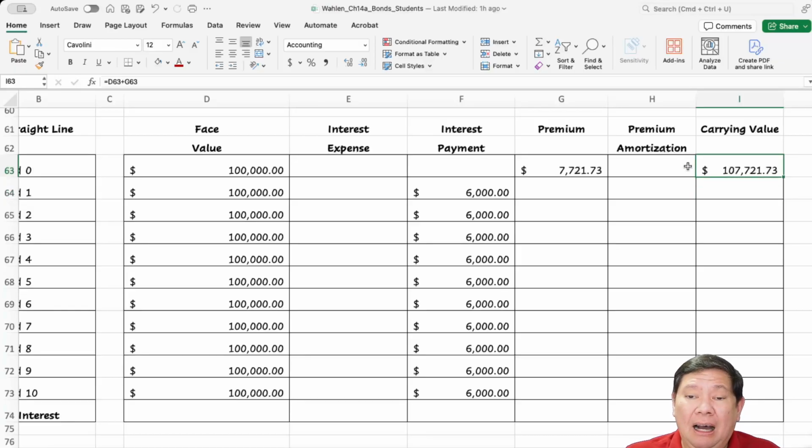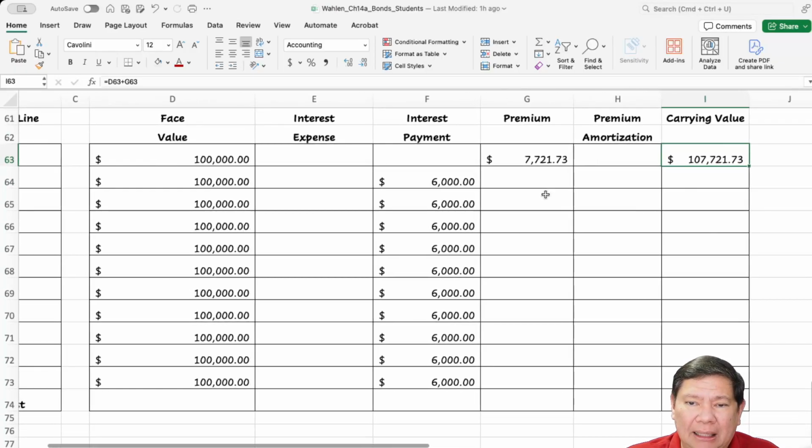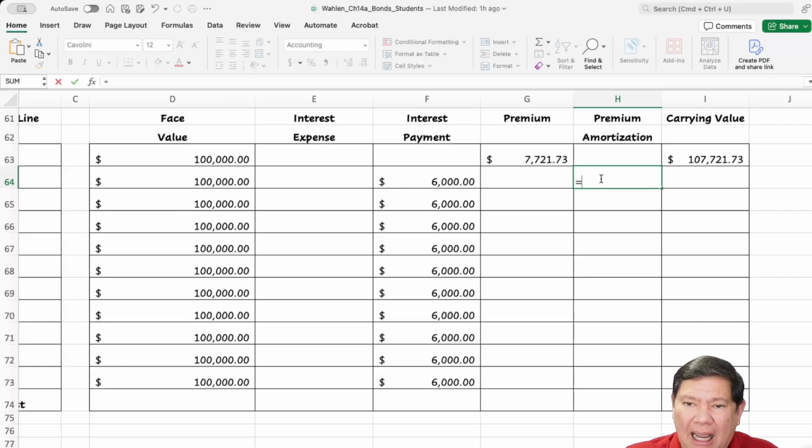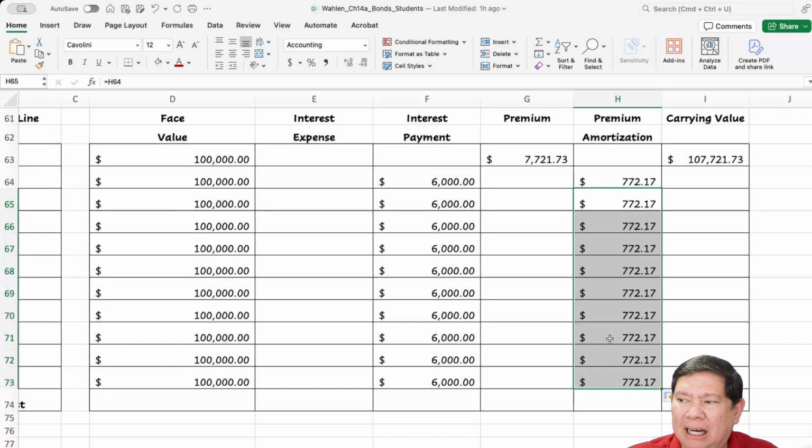For the straight line method, we just need to divide the premium by the number of periods. In this case, we divide that by 10, and it's going to be the same for every 6 months: 772.17. Now, the premium will be amortized.